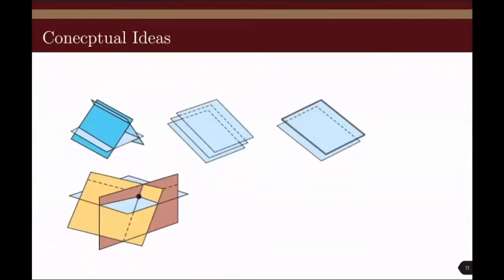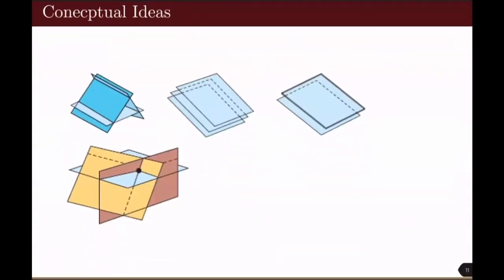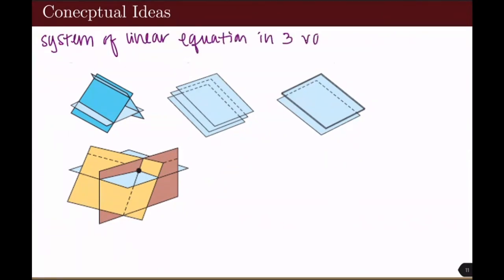All right, next we're going to talk about just some conceptual ideas. These are the ways in which a system of equations in 3 variables can interact. First you need to think about what happens when you add that third variable.